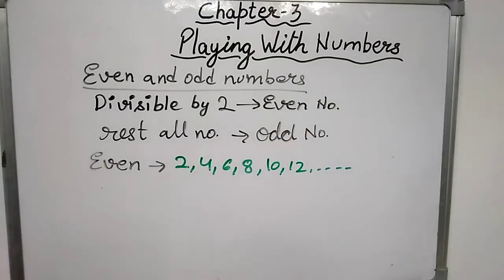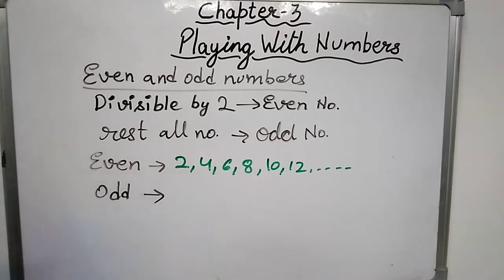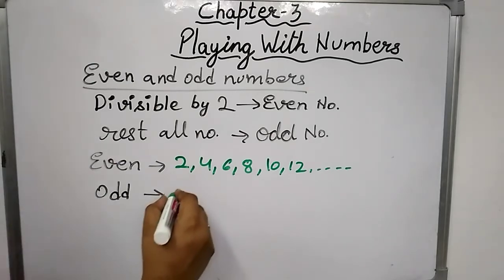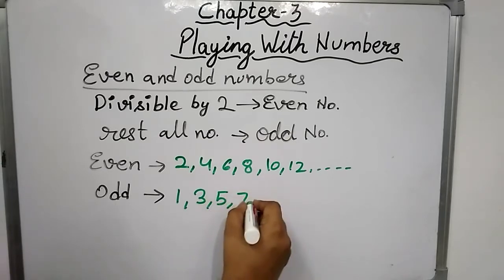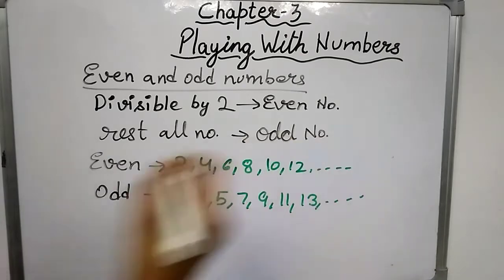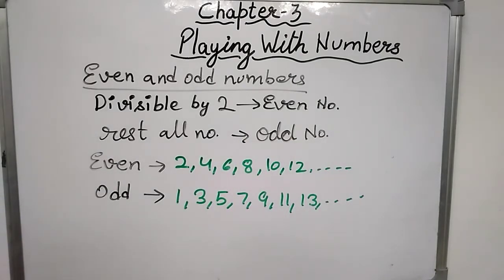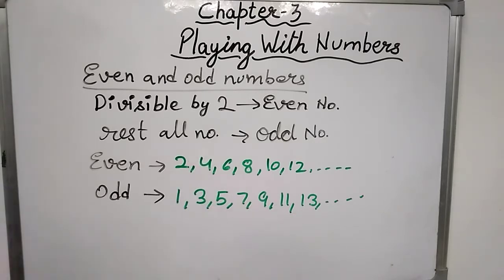Odd numbers are 1, 3, 5, 7, 9, 11, 13 and so on. Or you can say even numbers are those numbers which get divided by number 2, and all the rest are odd numbers.